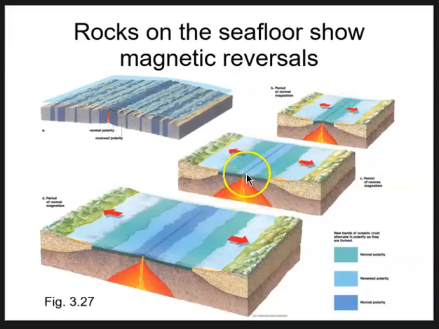As more magma comes up, more oceanic crust gets formed, and that's going to lock in the polarity of the Earth as well, and that is in the reversed polarity. So say the magnetic north is actually in the south now, right? Our compasses point south. Over time, we have more and more oceanic crust forming, and we also have magnetic reversals to flip back to the normal polarity.